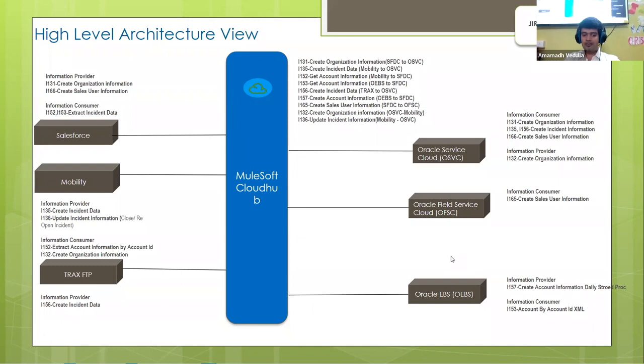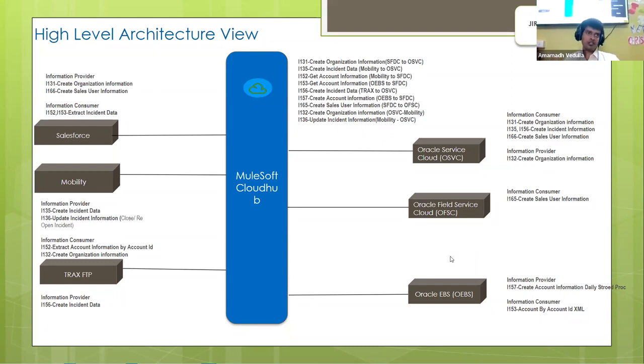Whether it is HTTP, JMS or any other protocol, I don't care about it. An API is nothing but transferring some data from one system to another. That is what I call an API, and we create those APIs in MuleSoft.